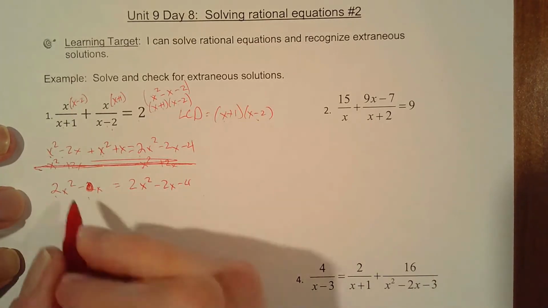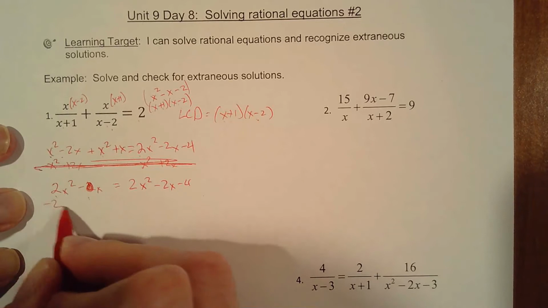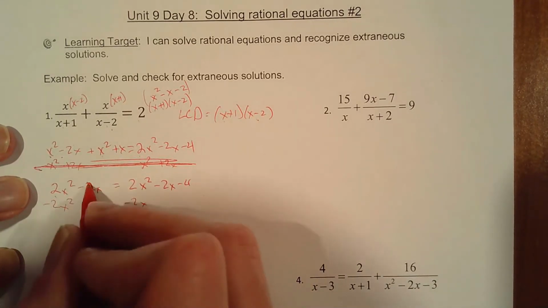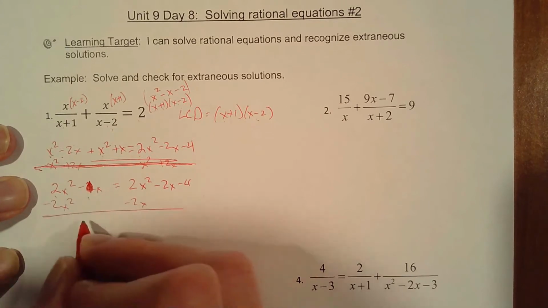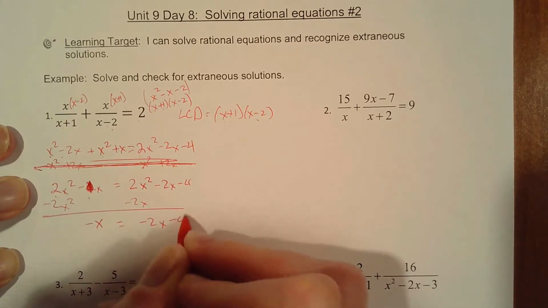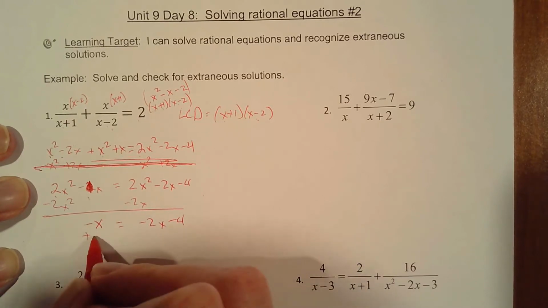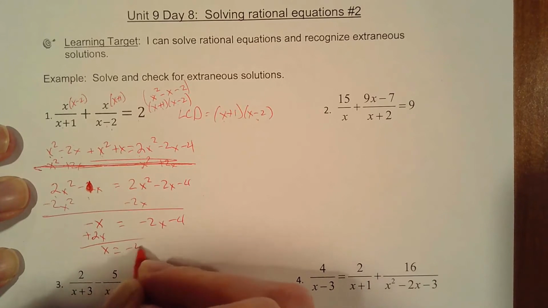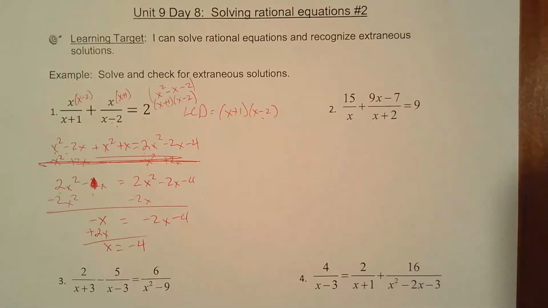And now let's start bringing stuff. So if I subtract 2x squared from both sides, and this is a 1, so that would be, I'll just say negative x equals negative 2x minus 4. Bring this to plus 2x would be x equals negative 4. Okay, so x equals negative 4.